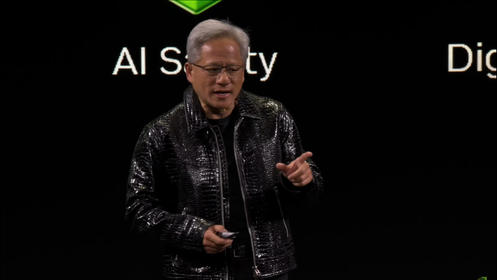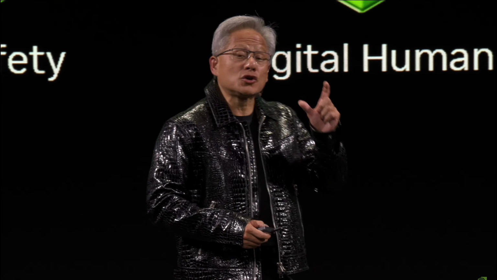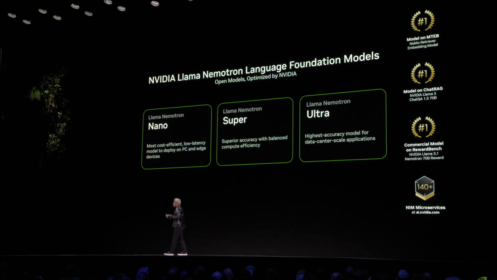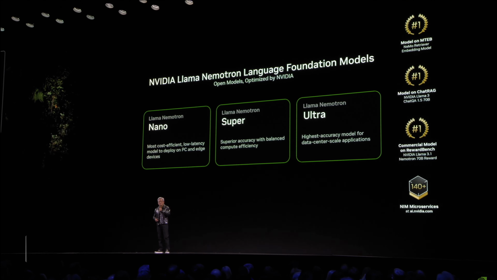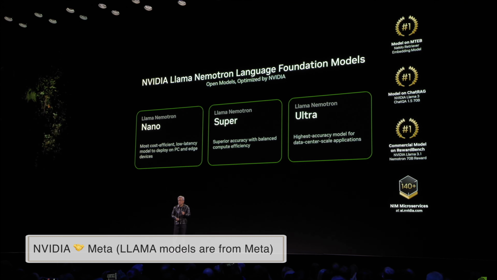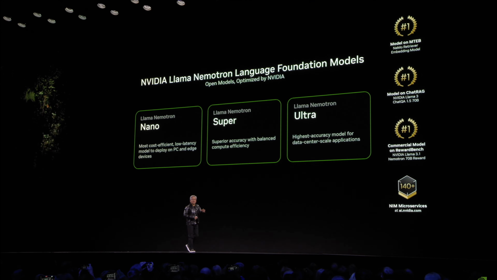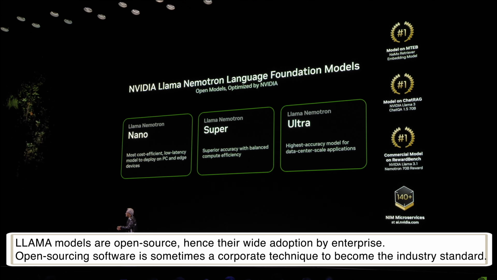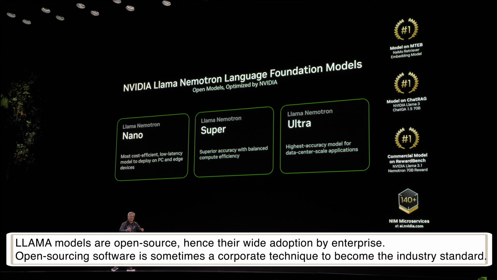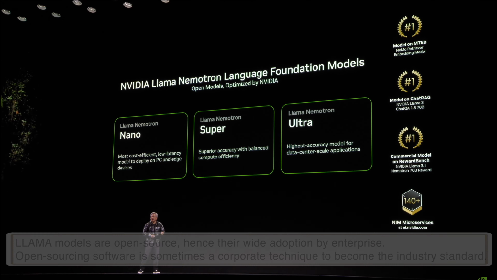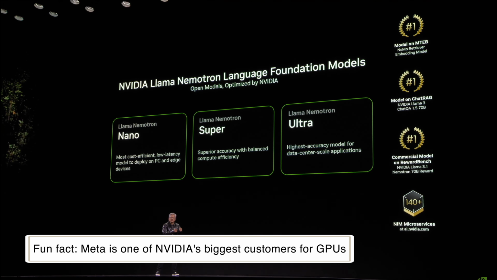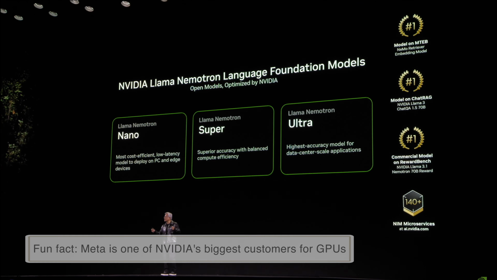Well, today we're also announcing that we're doing something that's really cool and I think really clever. We're announcing a whole family of models that are based off of Llama, the Nvidia Llama Nemotron language foundation models. Llama 3.1 is a complete phenomenon. It is singularly the reason why just about every single enterprise and every single industry has been activated to start working on AI. Well, the thing that we did was we realized that the Llama models really could be better fine-tuned for enterprise use.